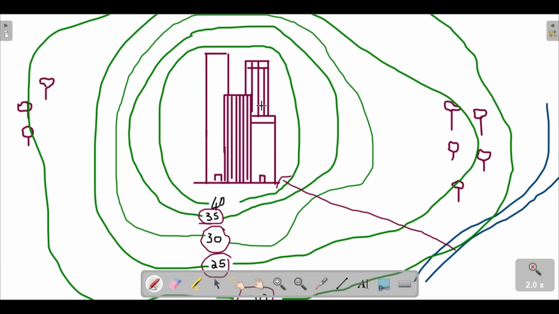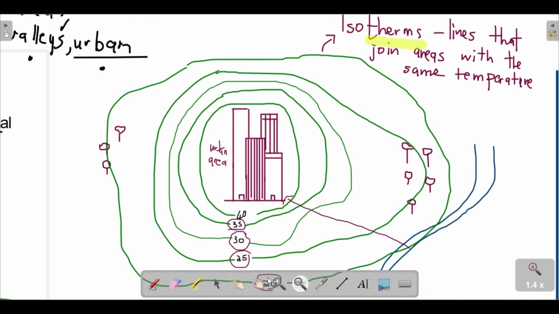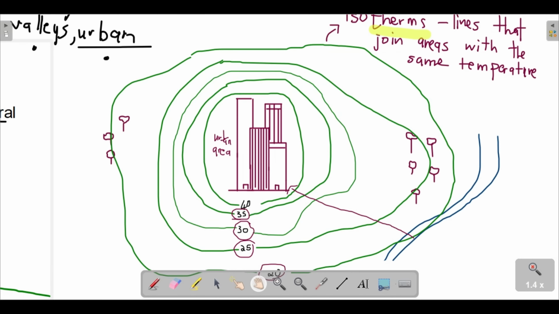The highest recorded temperature, you'll find it in the urban area. So that means that we do have an urban heat island. We'll discuss why this is the case. Why do you have high temperatures in urban areas, and why do you have low temperatures in rural areas?